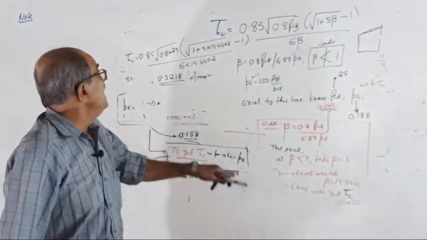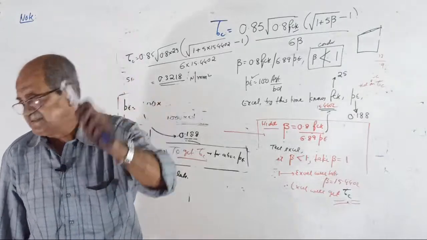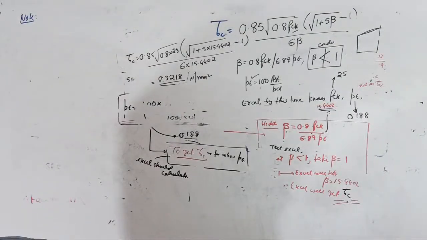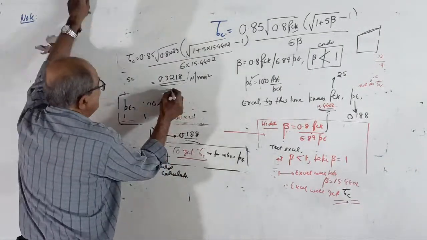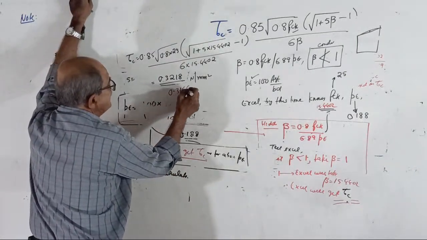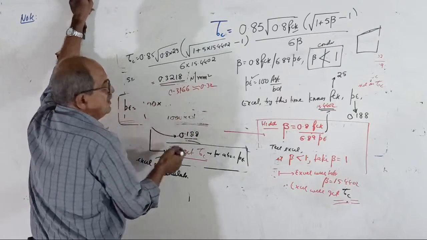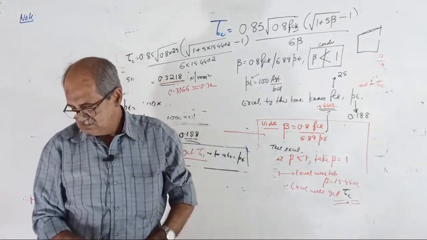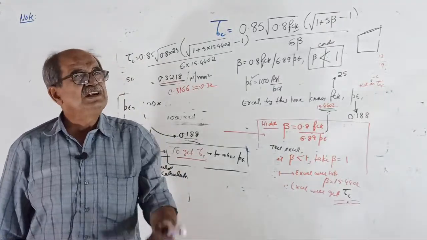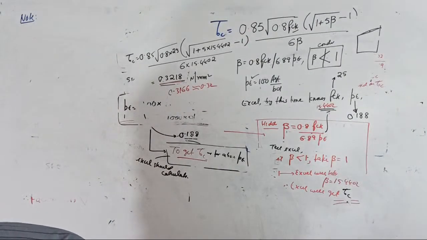It should be very near to 0.3218, then it's okay, we can pass the Excel. 0.3166, that is almost equal to 0.32. Okay? So okay or not? Too little variation is okay. So is it an abnormal answer? No.